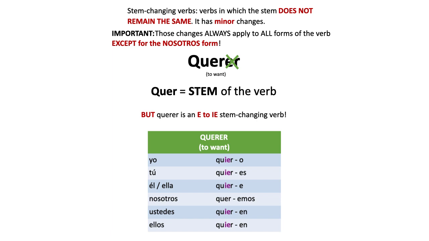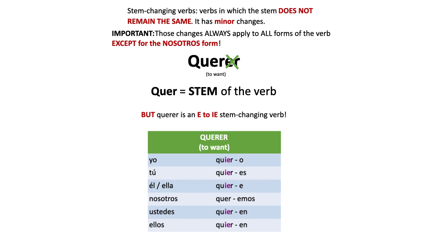So notice that I am doing something very similar to what I did with the other regular verbs, right? I'm writing the stem and then I'm adding some endings. In fact, I'm adding the er endings, right?